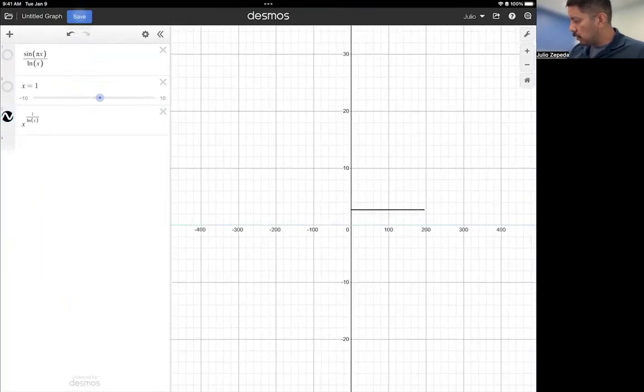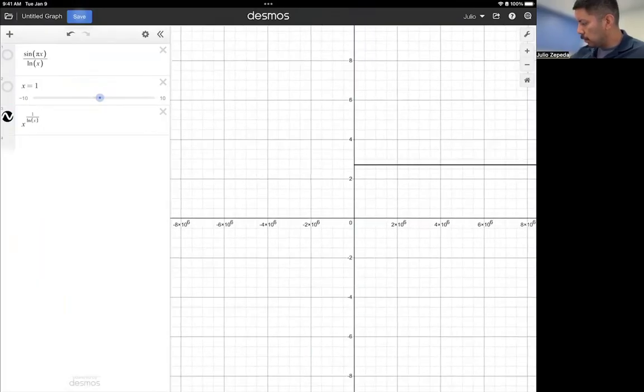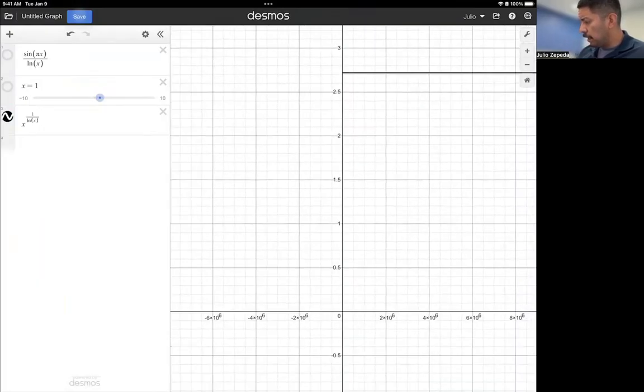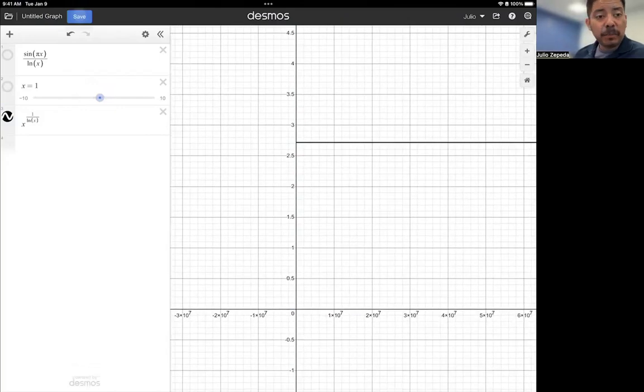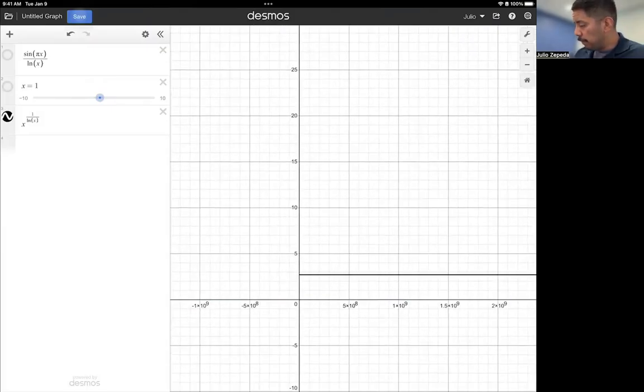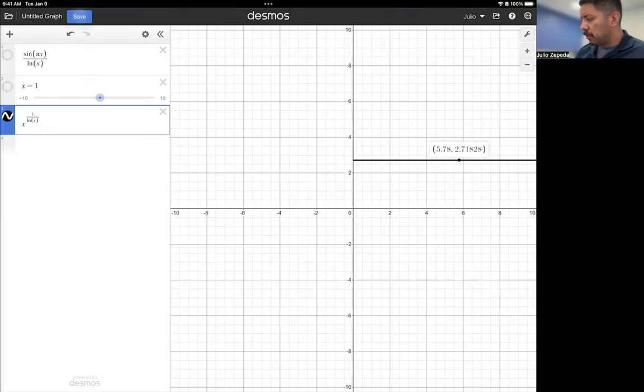And so what does this do as x approaches infinity? It looks like it's approaching a value of, looks like e, 2.7 approximately, right, as we go very far out. Okay, so there you go. The answer is not always 1.